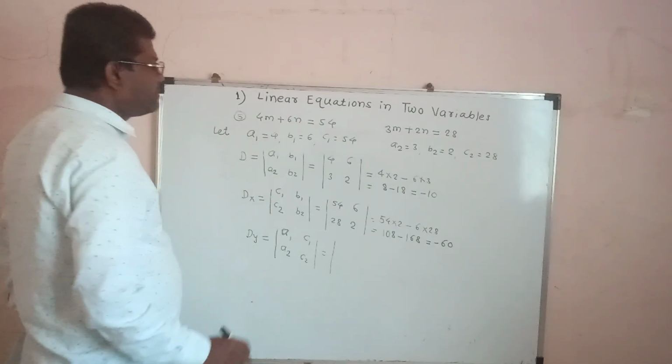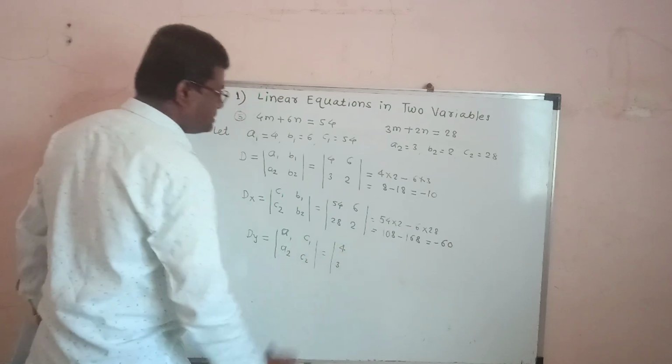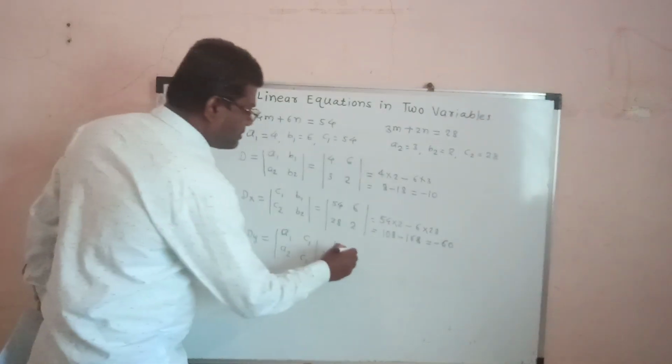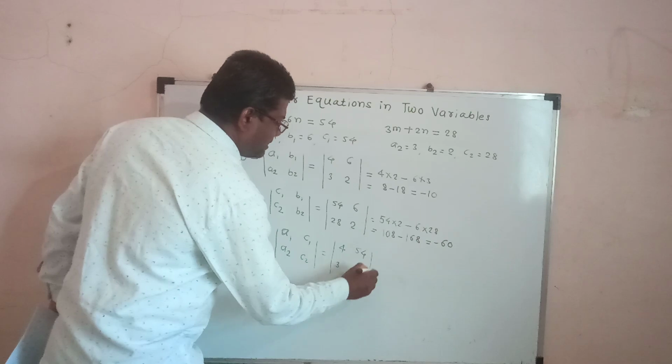Now a1 is equal to 4, a2 is equal to 3, c1 is equal to 54 and c2 is equal to 28.